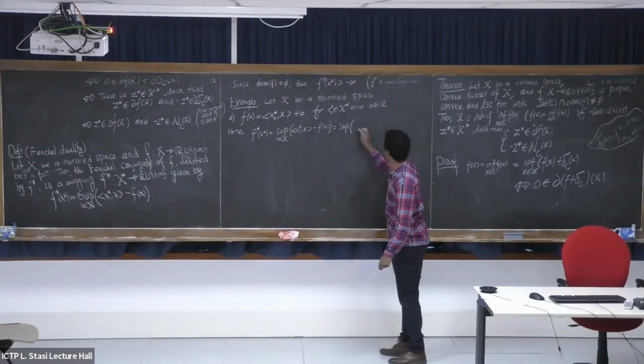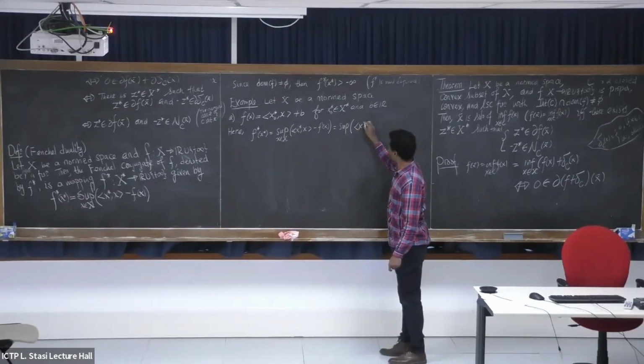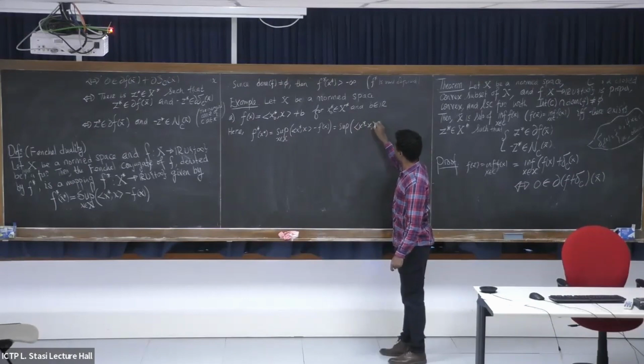This gives us directly x star minus x naught star of x, minus b.